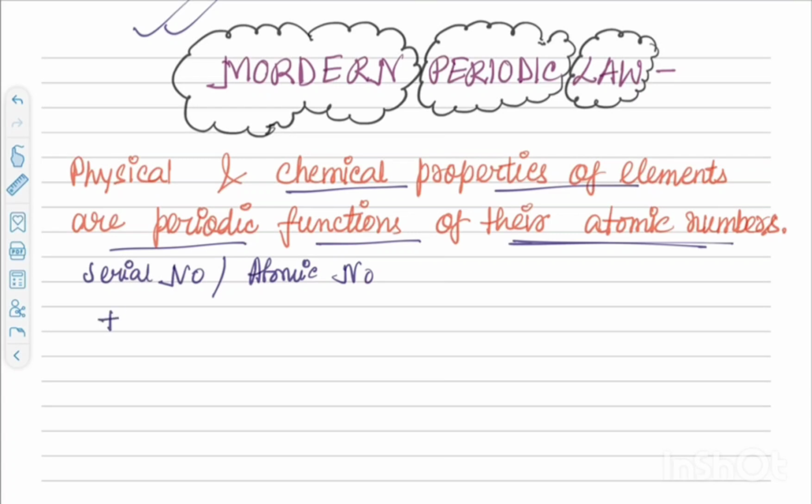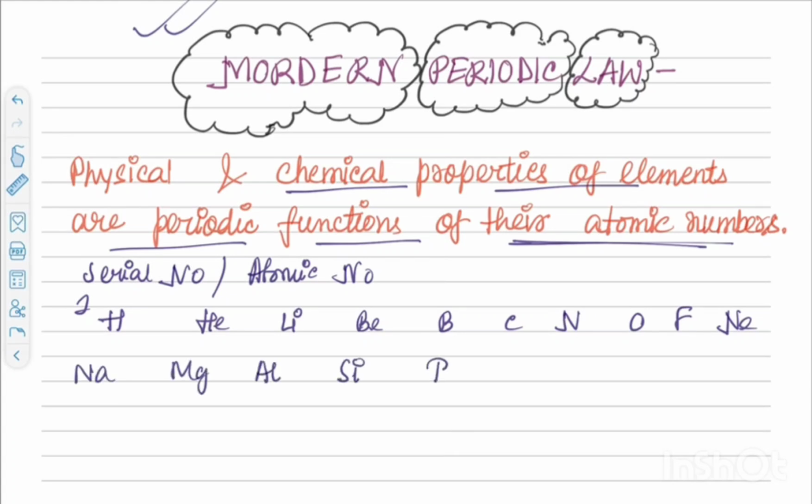So hydrogen got the first position. Hydrogen 1. Then it is helium. Hydrogen, helium, lithium, beryllium, boron, carbon, nitrogen, oxygen, fluorine, neon. Sodium, magnesium, aluminium, silicon, phosphorus, then chlorine, argon, potassium, calcium.